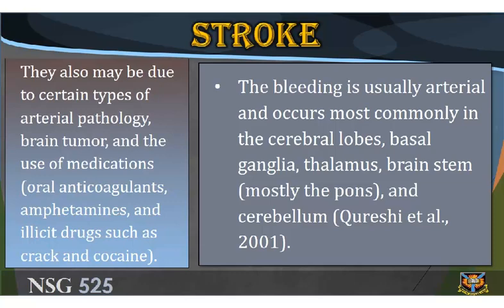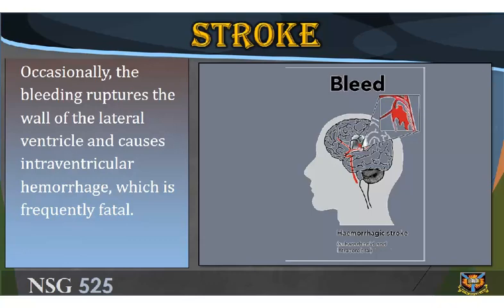The bleeding is usually arterial and occurs most commonly in the cerebral lobes, basal ganglia, thalamus, brainstem, mostly the pons, and cerebellum. Cressy et al. 2001. Occasionally, the bleeding ruptures the wall of the lateral ventricle and causes intraventricular hemorrhage, which is frequently fatal.